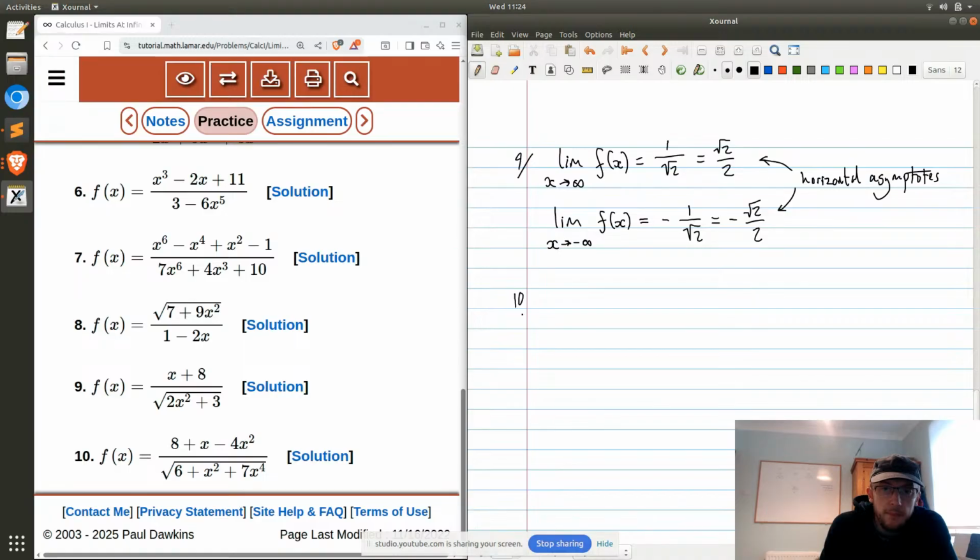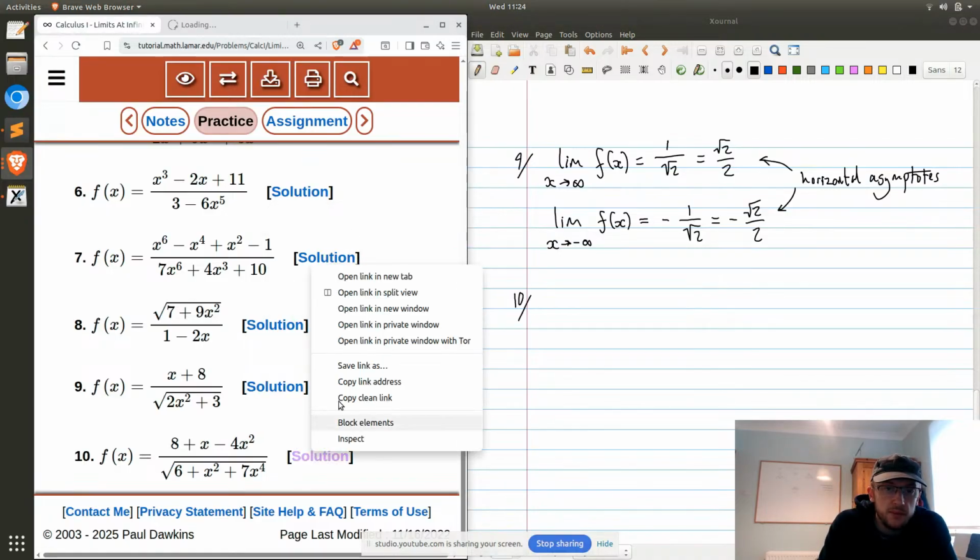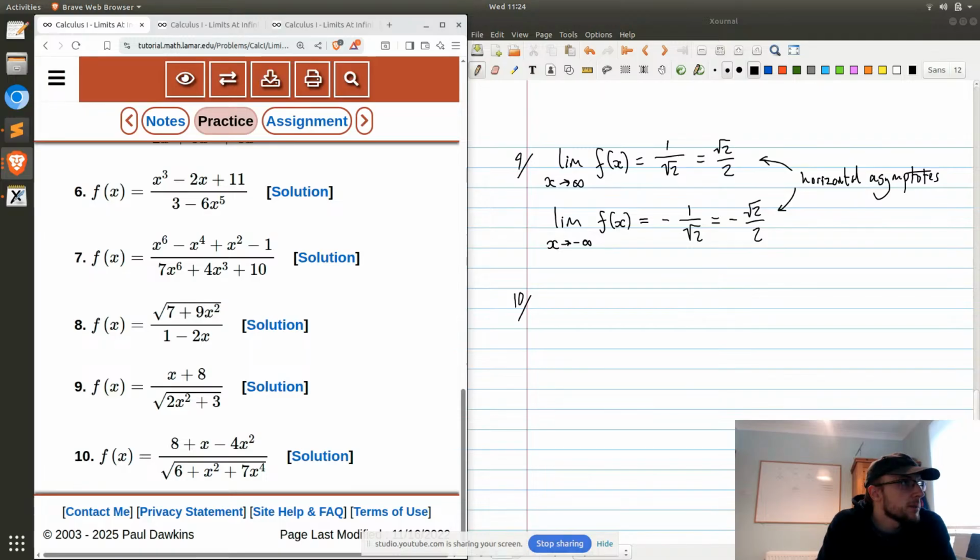Problem 10. And it can't come soon enough for this particular type of work. Okay, so the denominator behaves like root 7 times x squared. And then we have negative 4 over root 7.